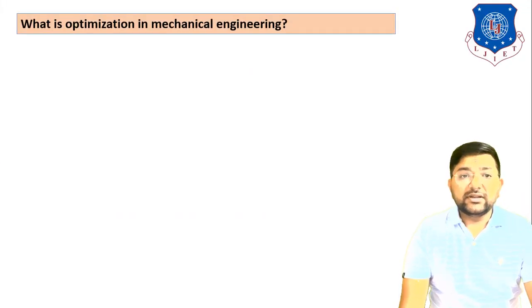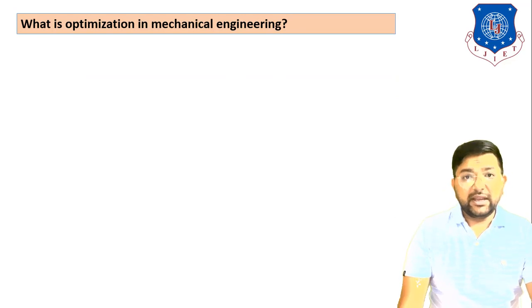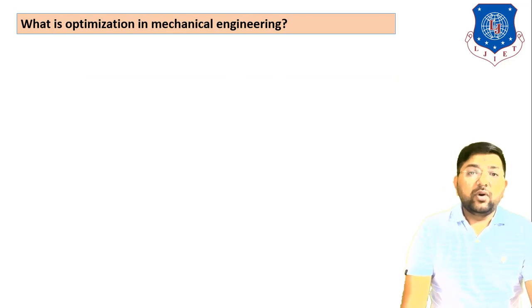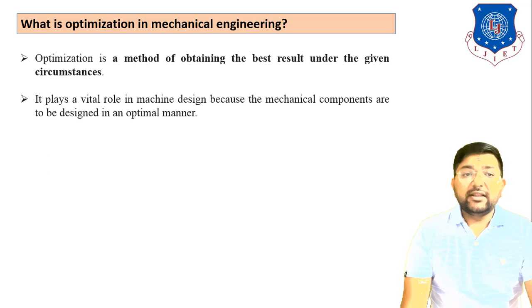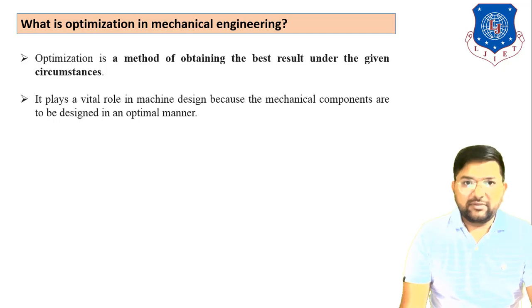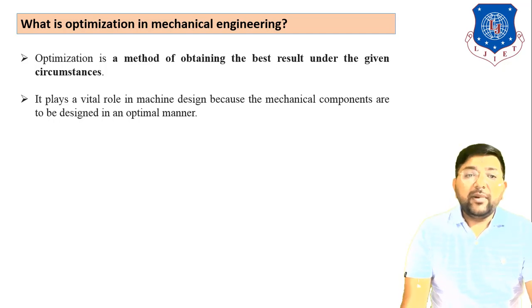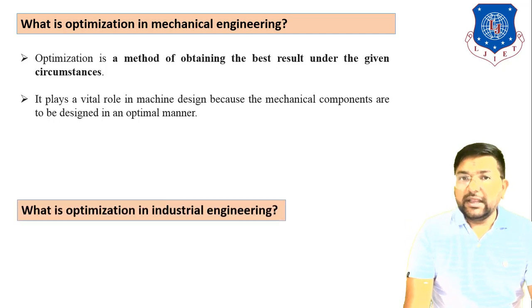First, optimization in mechanical engineering: optimization is a method of obtaining the best result under the given circumstances. It plays a vital role in machine design because mechanical components are to be designed in an optimal manner.